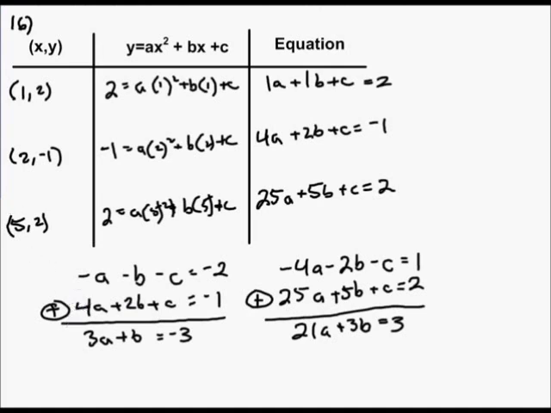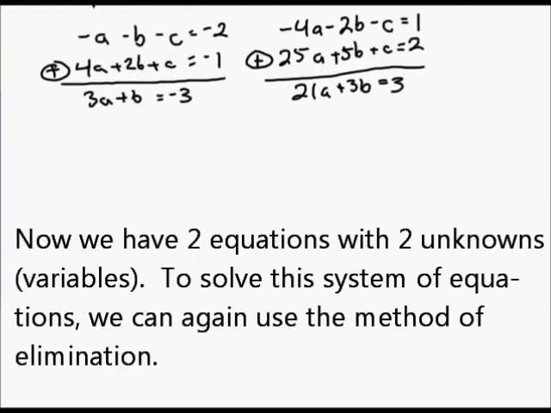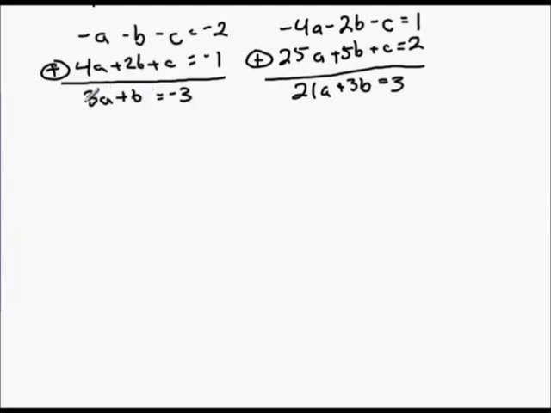Alright? So, if I go ahead now and combine these two equations, let's get rid of b. So if I multiply the first equation by negative 3, I wind up getting negative 9a minus 3b equals 9. Okay, moving this equation straight underneath it, I get 21a plus 3b equals 3.